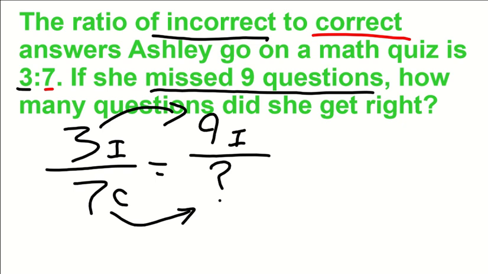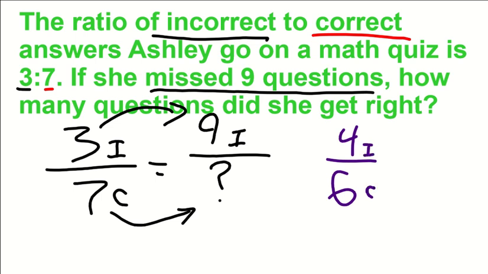There's another way to do this that will work every time, even when you can't tell. Okay? So let's say instead of 3 to 7, she had 4 to 6 to start with. 4 incorrect, 6 correct. Okay?